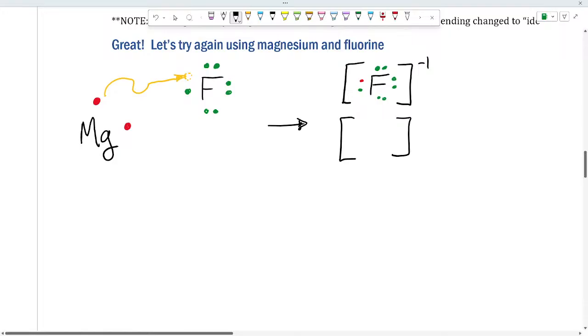And so we can draw a second fluorine. It will also have 1, 2, 3, 4, 5, 6, 7 electrons, and the magnesium can give its electron to that fluorine, and that means the magnesium now will be stable. It's got an empty shell.